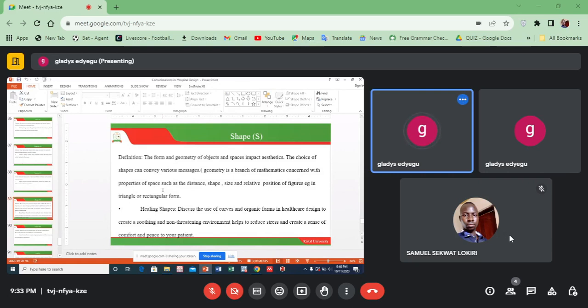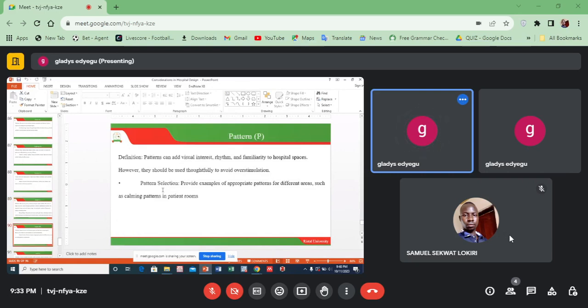One of the elements is patterns. Patterns can add visual interest, rhythm, and familiarity to hospital spaces. I mentioned drawings and diagrams, maybe pictures.